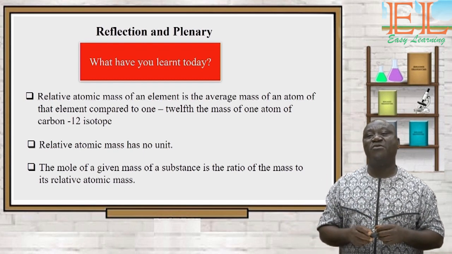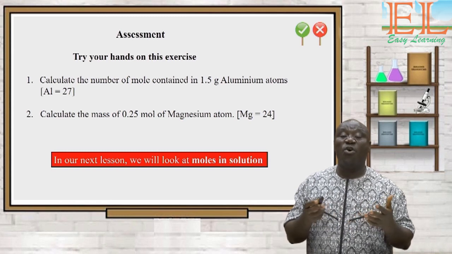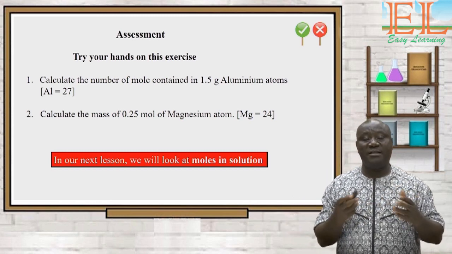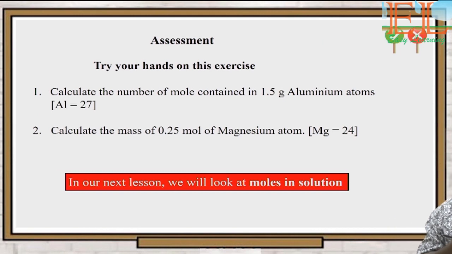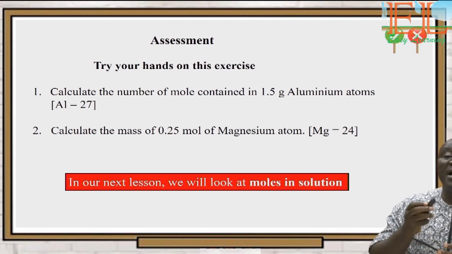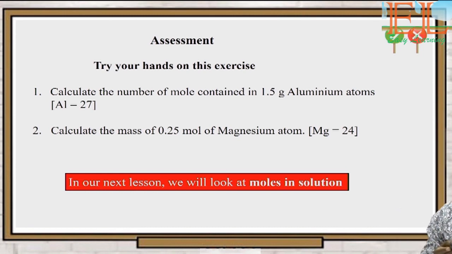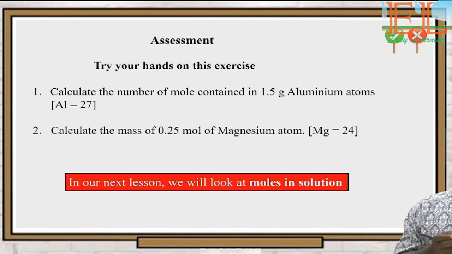Let me leave you with these exercises to try your hands on. Question 1. Calculate the number of moles contained in 1.5 grams of aluminium atoms, given that the relative atomic mass of aluminium is 27.